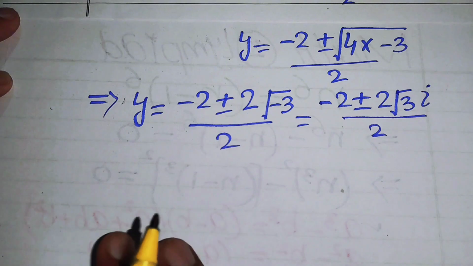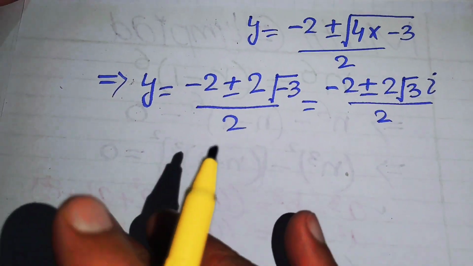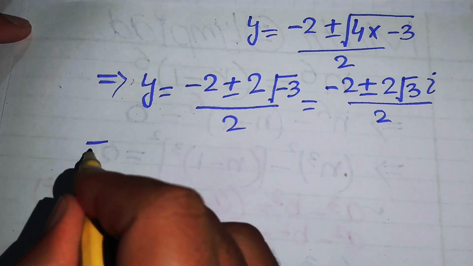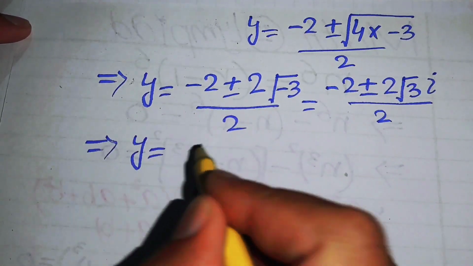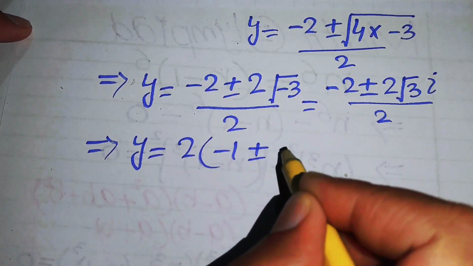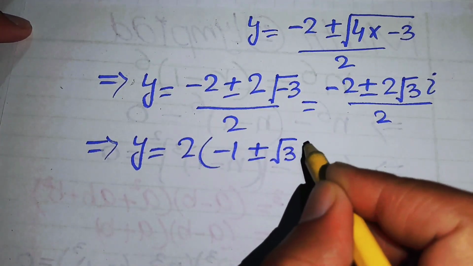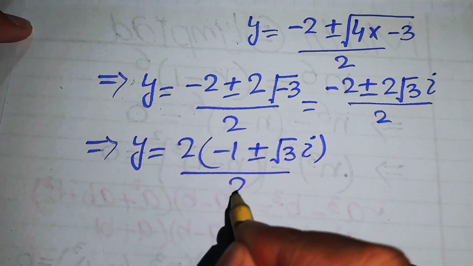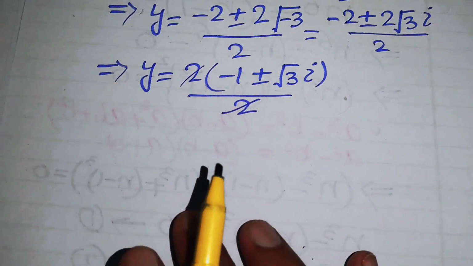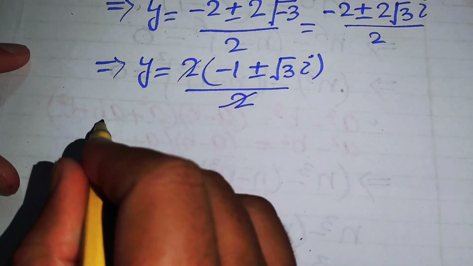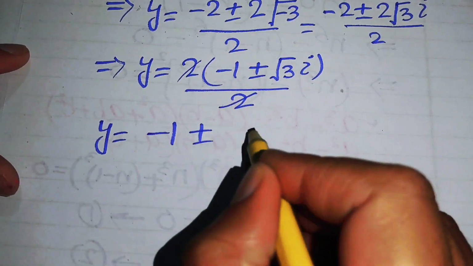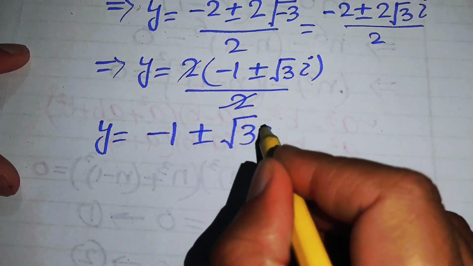over 2. So now we take common 2 on the upside, and we write y equals 2 into minus 1 plus minus square root 3 into iota, and this whole over 2. So these two terms are gone, and here we obtain y equals minus 1 plus minus square root of 3 iota.